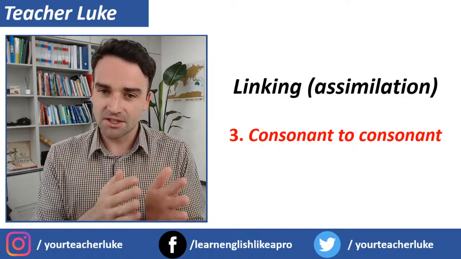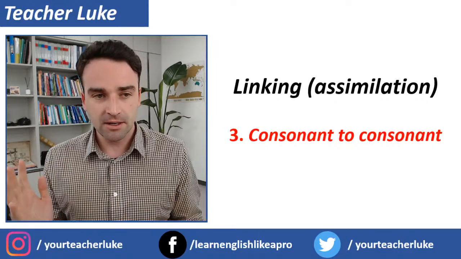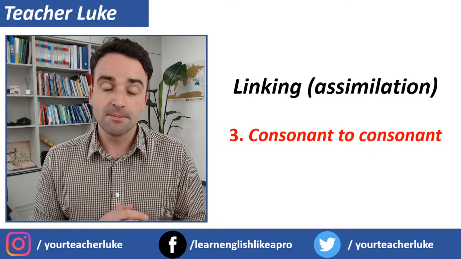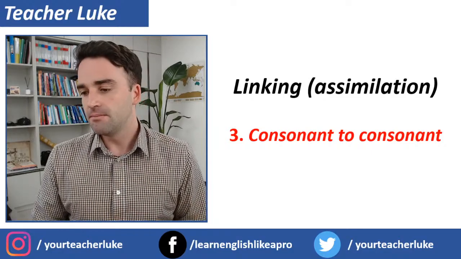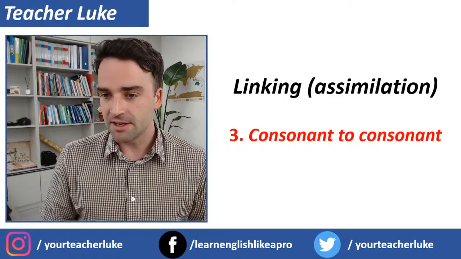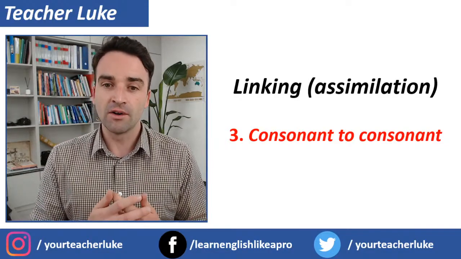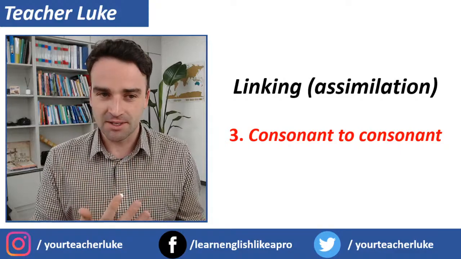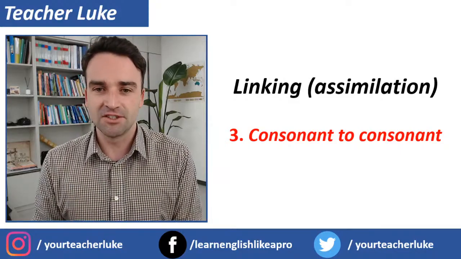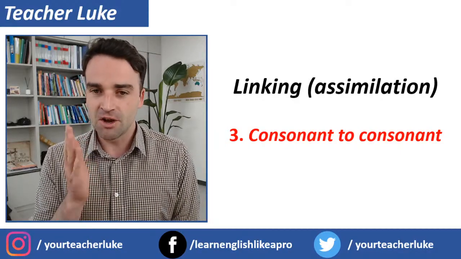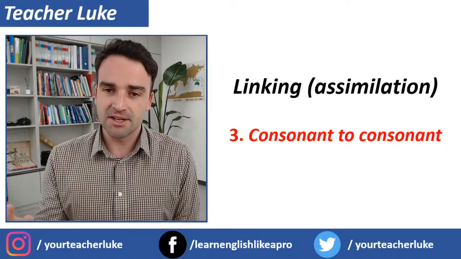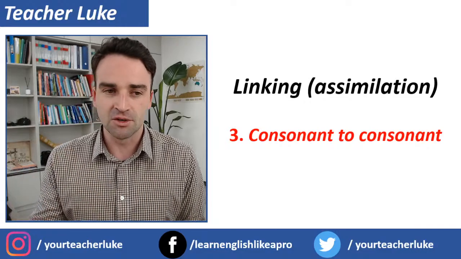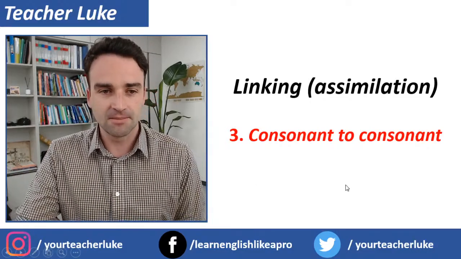Assimilation, consonant to consonant, is a much bigger topic than other forms of linking. So I'm just going to show you some simple examples, and then maybe next week or the week after next, I will do a whole lesson on assimilation, because there are many aspects to it, and it's too much to cover just for today. So I'll give you a basic explanation of assimilation, and then in a couple of weeks I'll do a lesson on just assimilation.